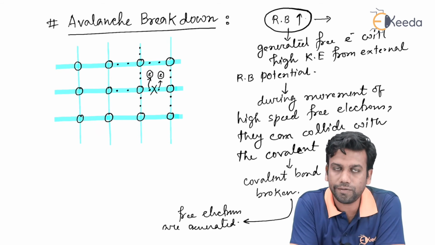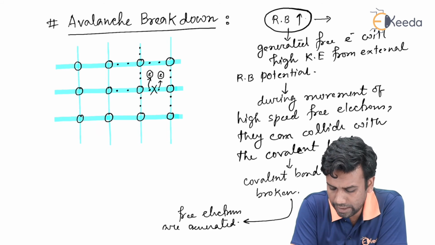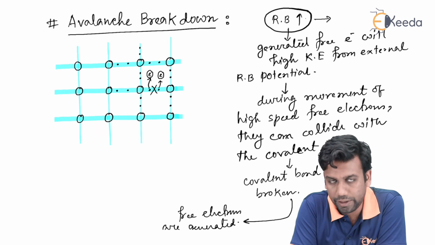So, we can see that from one high speed electron we can get 2 free electrons.